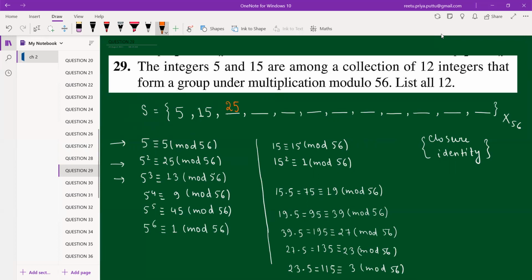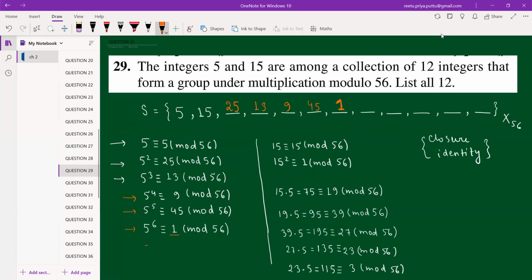So the next number is 13. Similarly, 5 to the power 4 gives 9, and 5 to the power 5 gives 45. And 5 to the power 6 actually gives us the identity element, which is very important. So we have the identity element as 1, because we know in multiplication modulo we have 1 as the identity element.